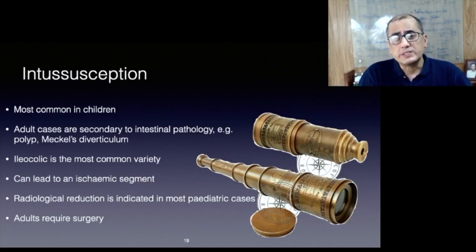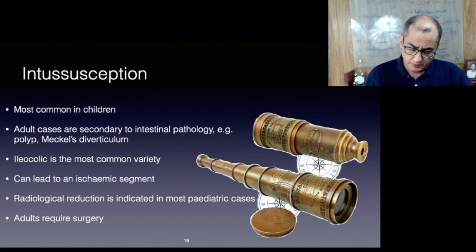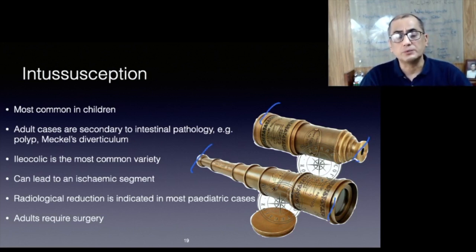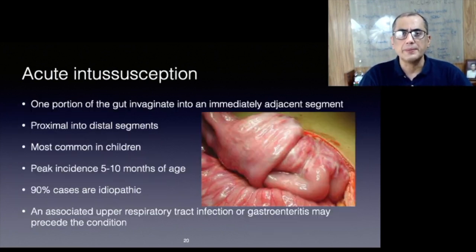Intussusception occurs when one segment of the intestine telescopes into another, causing an intestinal obstruction. Although intussusception can occur anywhere in the gastrointestinal tract, it usually occurs at the junction of the small and the large intestines.